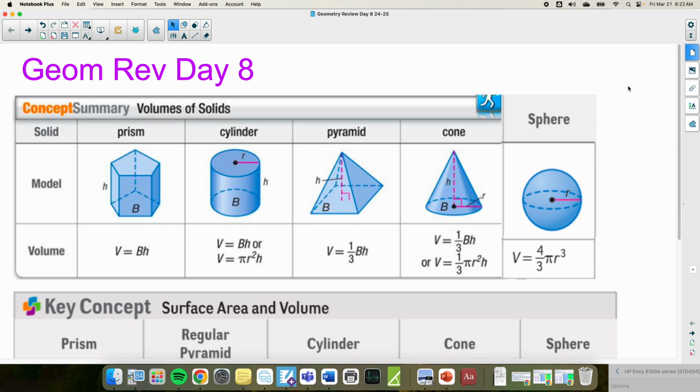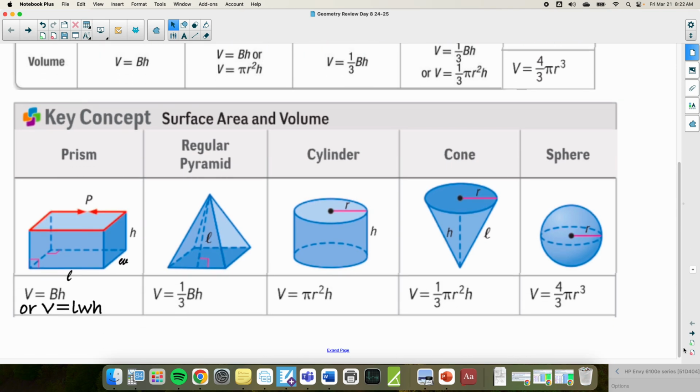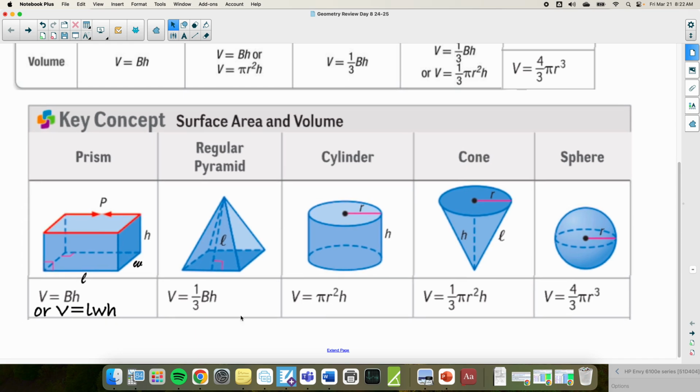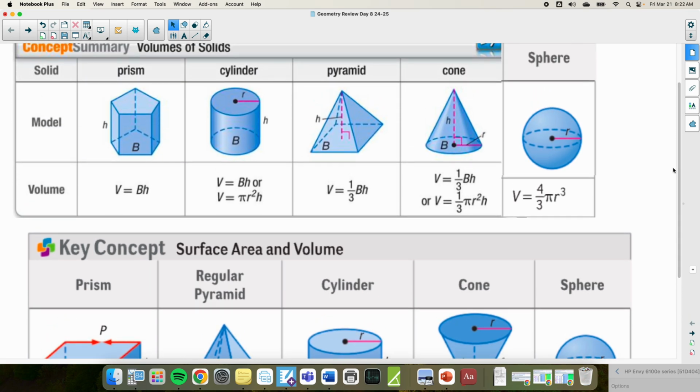What they would give you is a rectangular prism, and I would almost guarantee this would be on your test. The easiest way for this is to just go length times width times height when you're doing volume of a prism, okay?